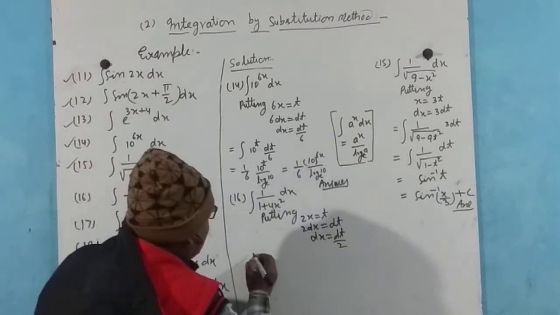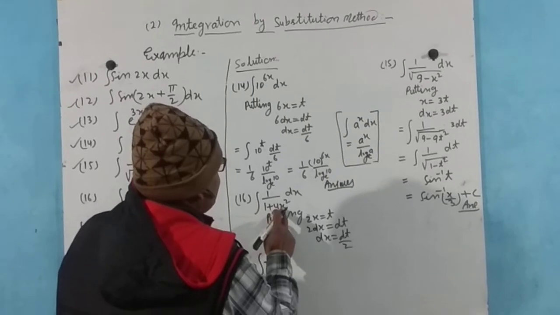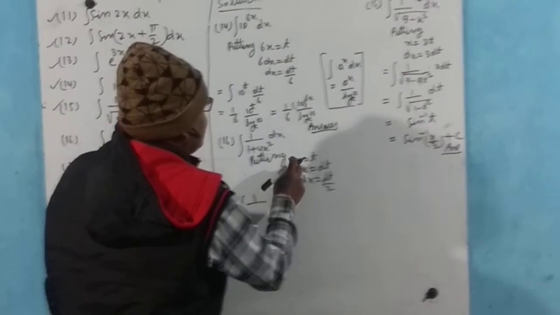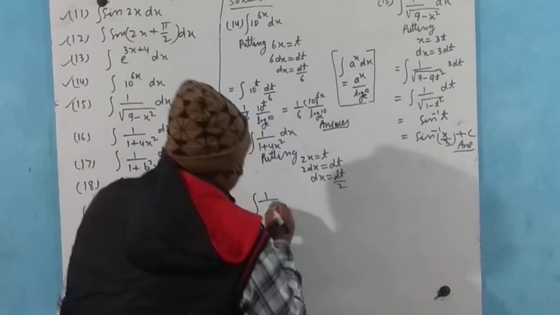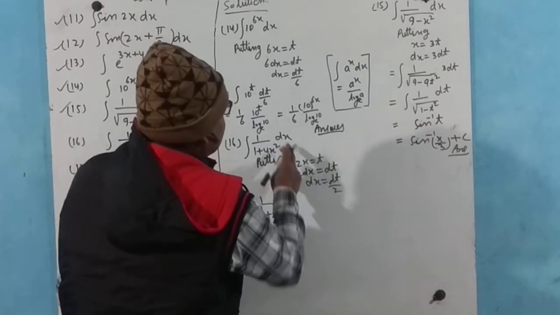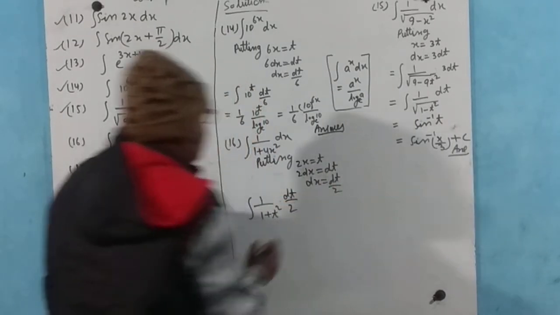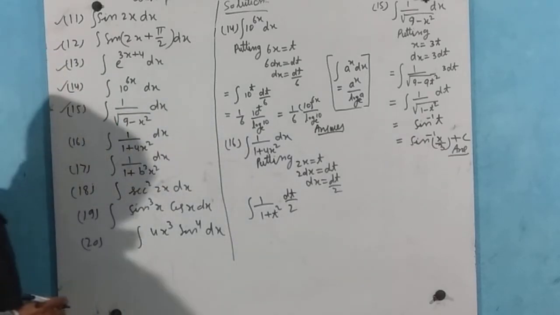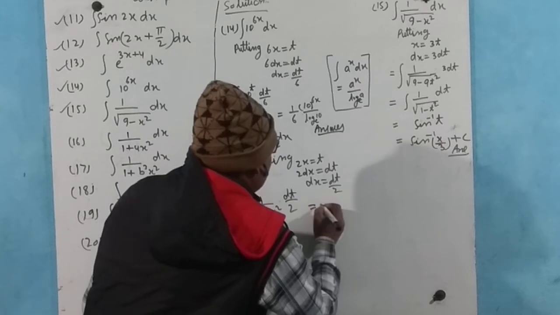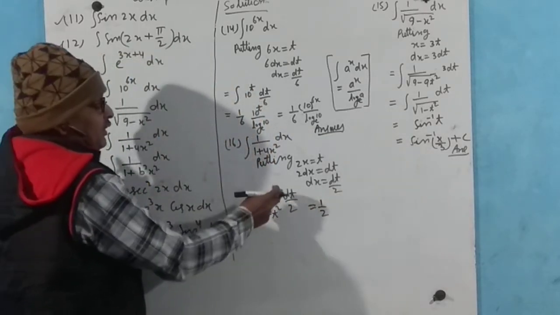And now putting in the integration of 1 by 1 plus 4x square: after squaring, 4x square equal to t square, 1 plus t square, and dx equal to dt by 2. So this is equal to 1 by 2, and 1 by 1 plus t square dt.